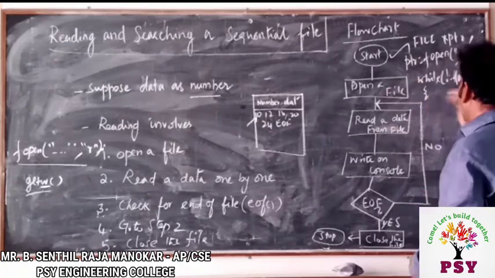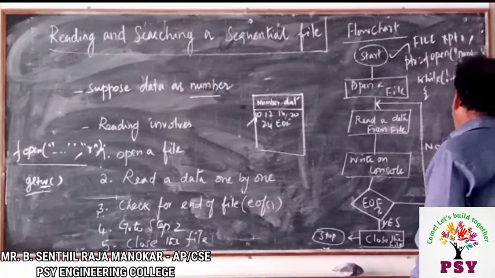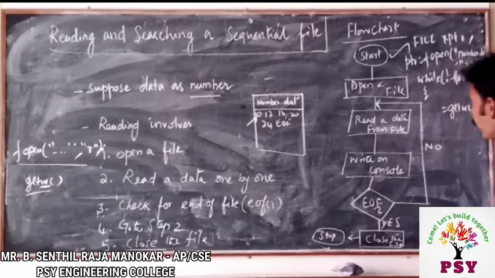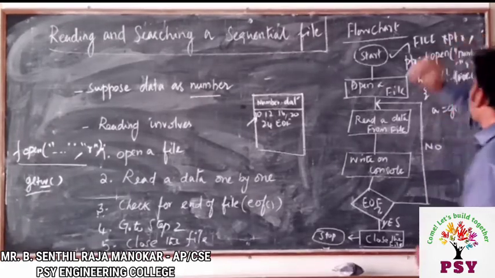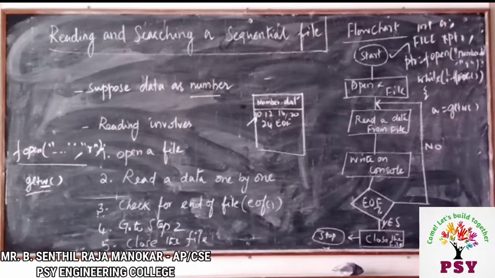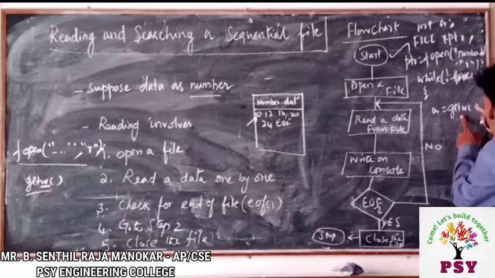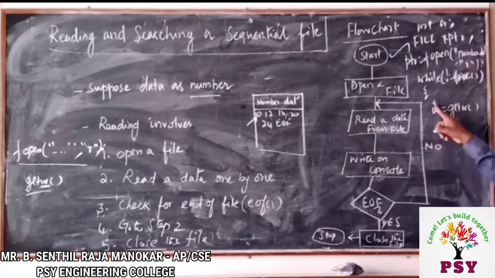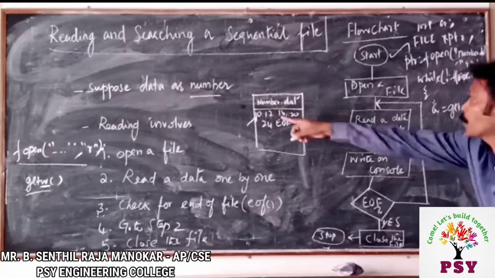What will happen? We have to get the data from the file through the function getw. That has to be stored in one of the variables, for example, A. That must be declared here as int A. So the value you get from the file is going to be stored in A. For example, here A is equal to 10 as per the first value.